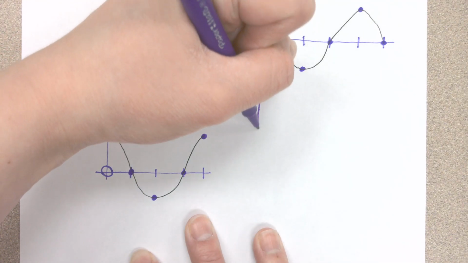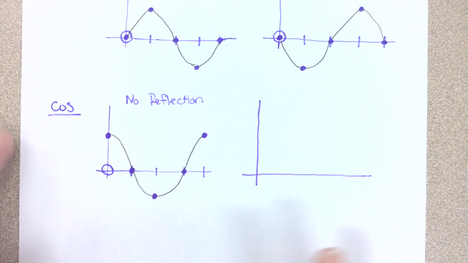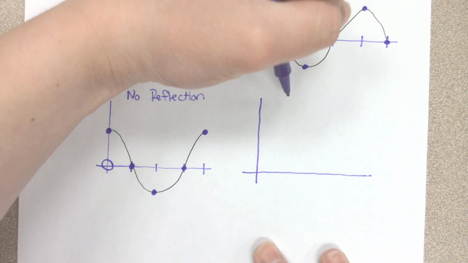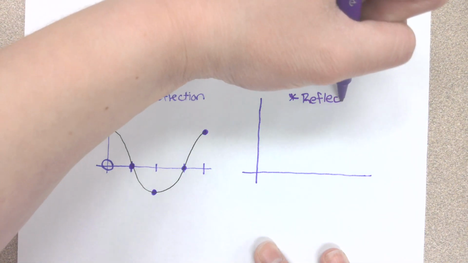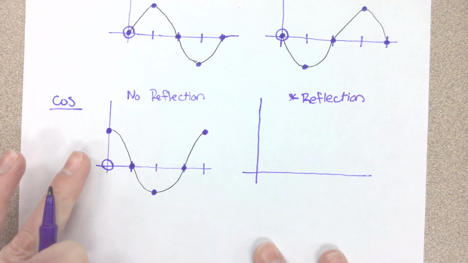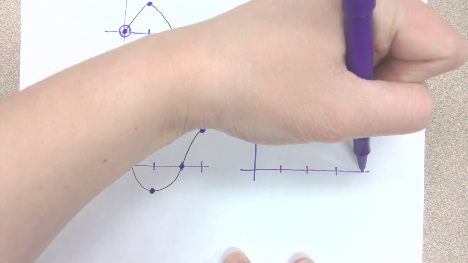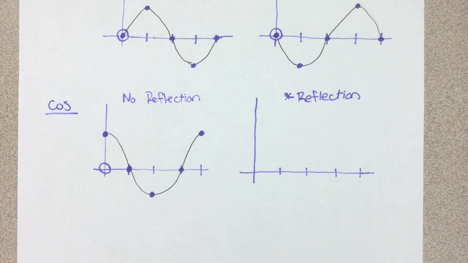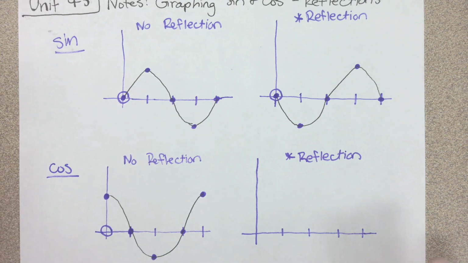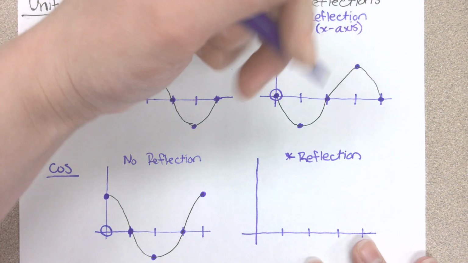Now for the reflected graph. So this graph will have a reflection. And once again, just to clarify, these are all going to be x-axis reflections.